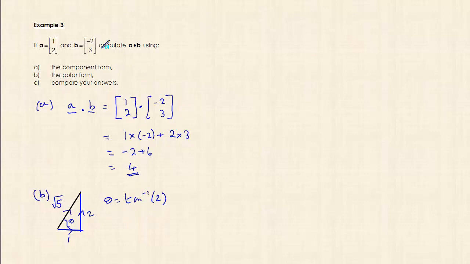Then we have the vector (negative 2, 3). So negative 2, 3 is 2 to the left, and then 3 up. So the third side will be the actual vector. So that's 2 this way, and 3 this way. So this side would be 9 plus 4, root 13.